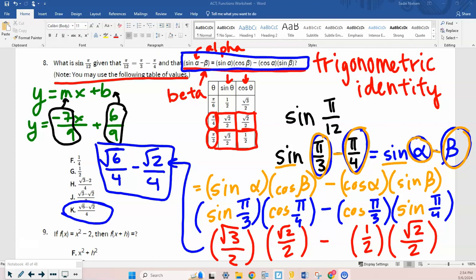It's because when you add fractions, the denominator doesn't change. It stays the same number. So multiplying fractions, the denominator can change, but adding fractions, it does not change. So two fractions can be combined into one. Then you have square root of 6 minus square root of 2 over 4. And that's your answer, folks. And then, smiley face, drop the mic, because that was a long problem.